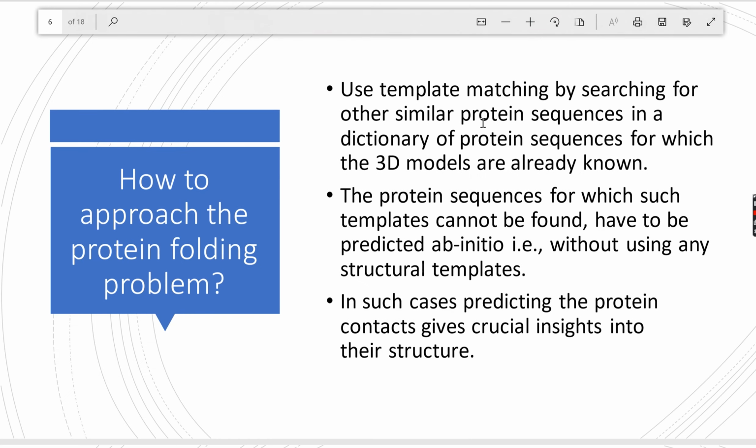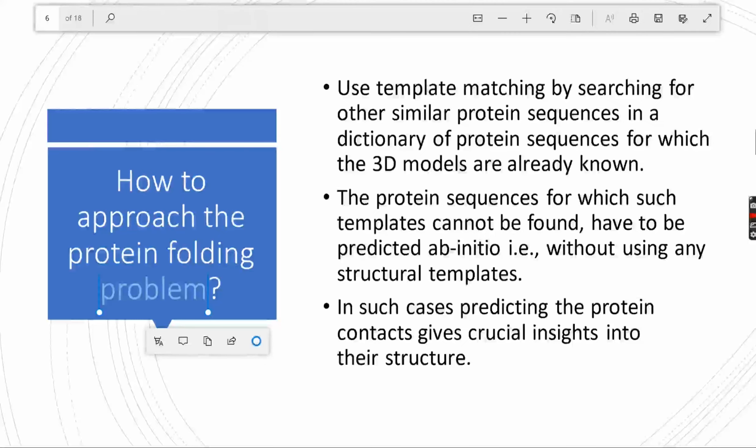So how are we going to approach this problem? Conventionally, people take a protein sequence, which is essentially an amino acid sequence, and try to match this particular structure with some known structures which they have already enlisted in certain dictionaries.